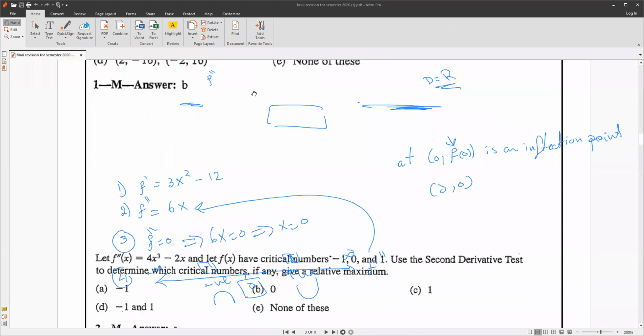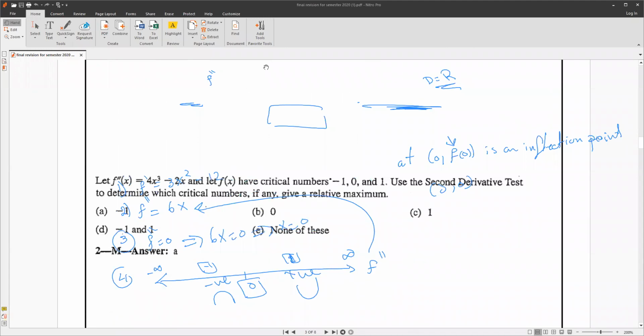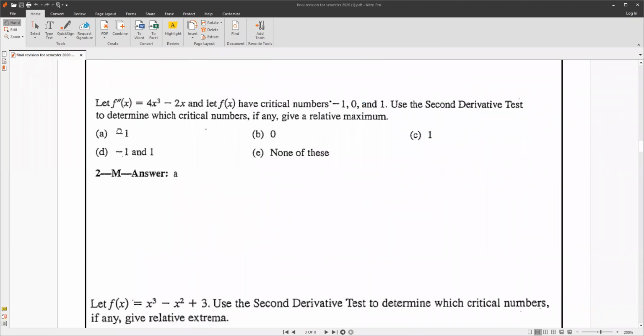The next problem. I give you the second derivative and the critical numbers. Use the second derivative test to determine which critical numbers, if any, give relative extrema. I know the rule or the theorem.